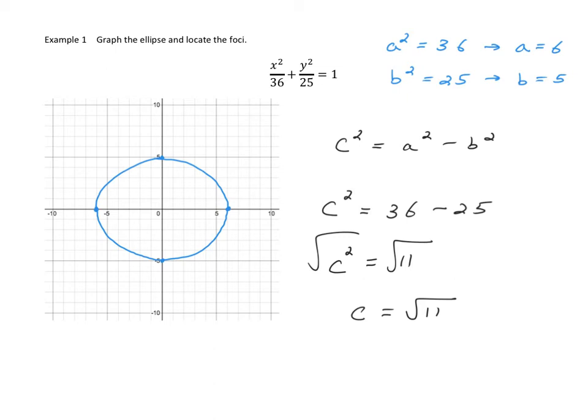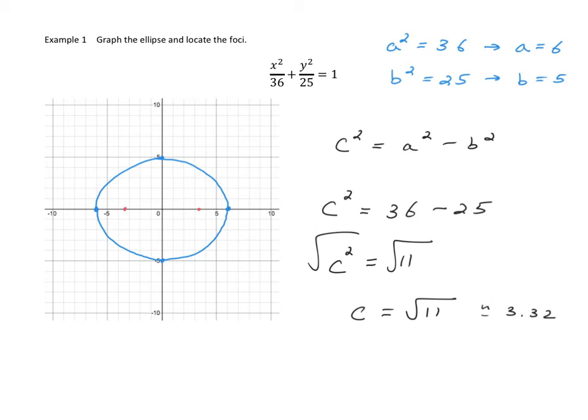Now this number in my calculator is approximately 3.32. So if I'm actually trying to graph these 2 points, it's 3.32, so I want to put a spot about there. And then we get another one, right about there.